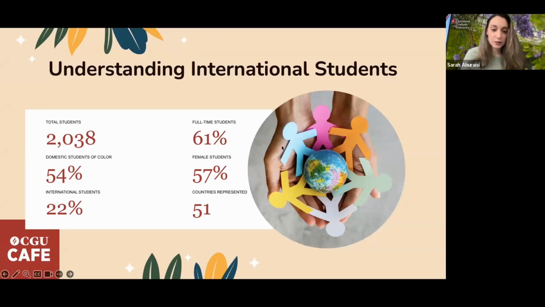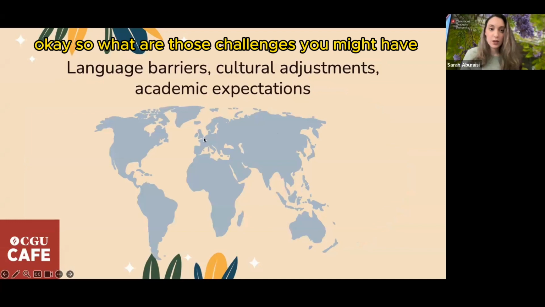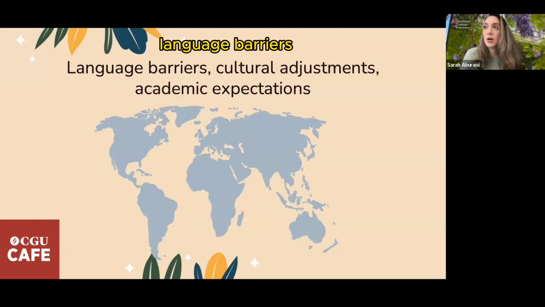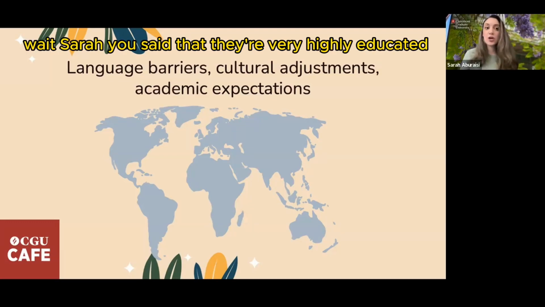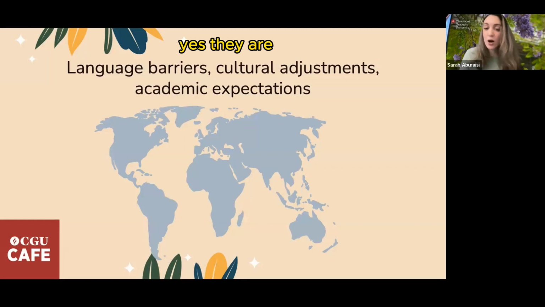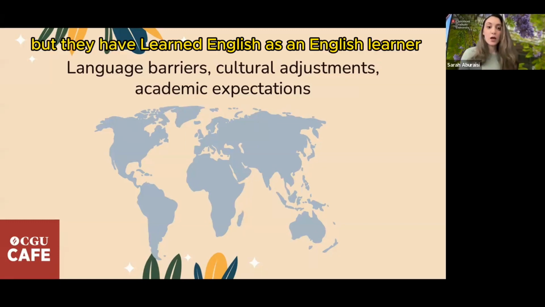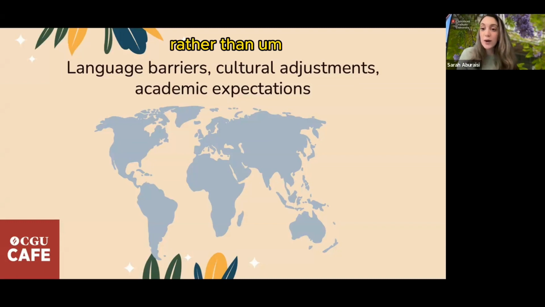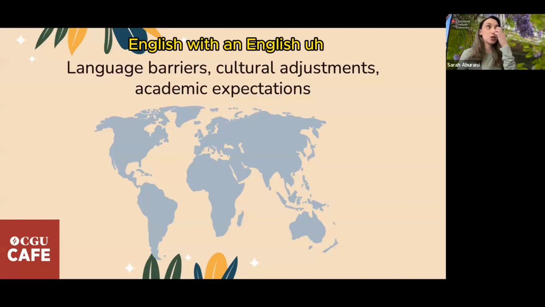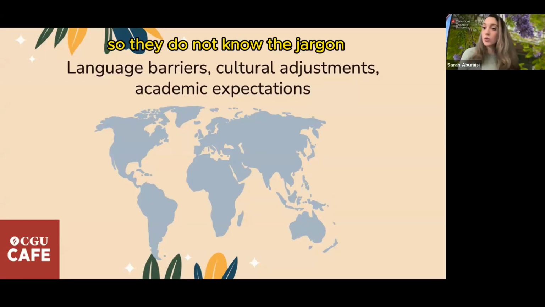Going on. So, what are those challenges? You might have language barriers. Wait, Sarah, you said that they're very highly educated. Yes, they are. But they have learned English as English learners rather than as a mother tongue, so they do not know the jargon or the phrases.